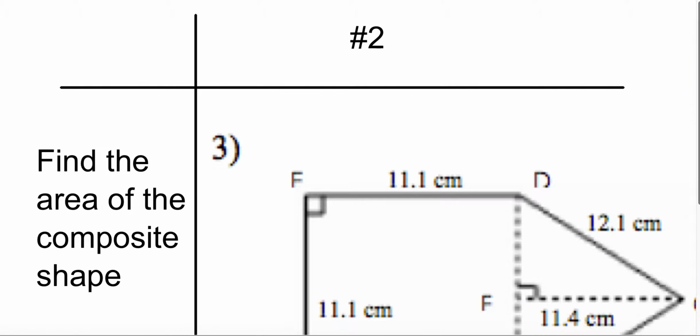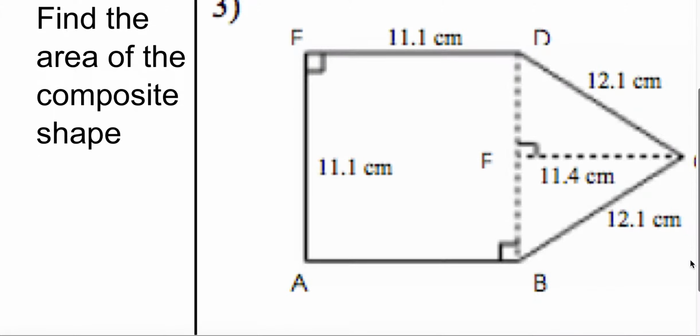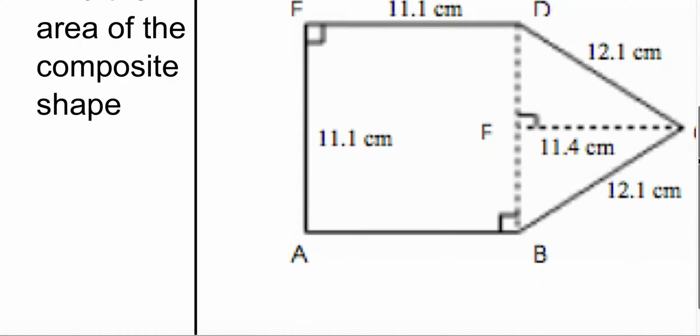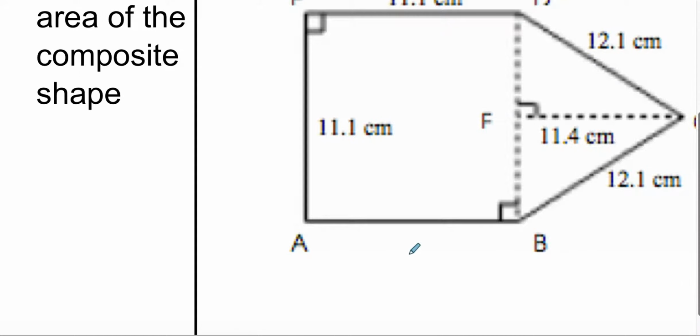What if my composite shape isn't made of a semicircle, but it's made of a square and a triangle? Well, remember that the formula to find the area of a triangle is 1/2 the length of the base times the height, or base times height divided by 2.